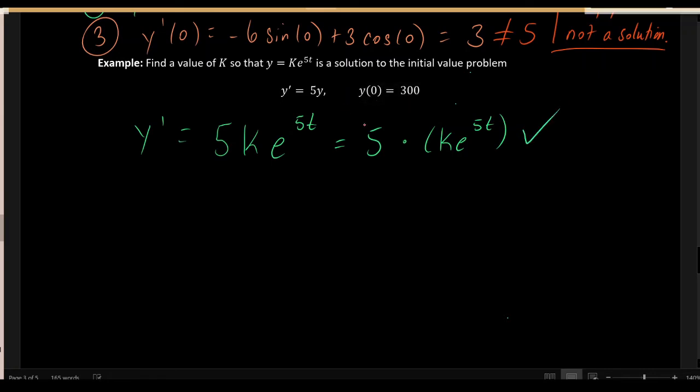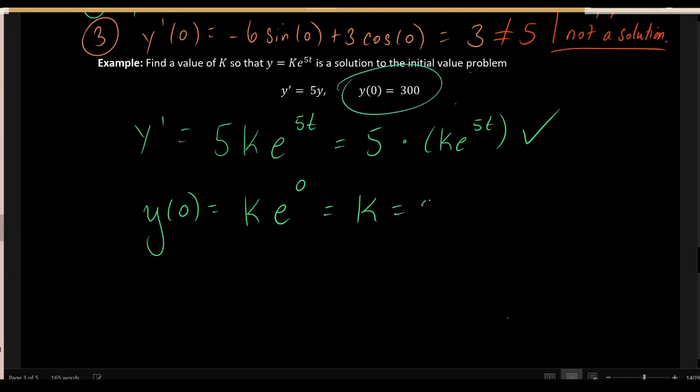Now, let's check and make sure that the second condition is satisfied. If I plug 0 into the original function, I get k e to the 5 times 0, which simplifies to k. And that is supposed to be equal to 300.